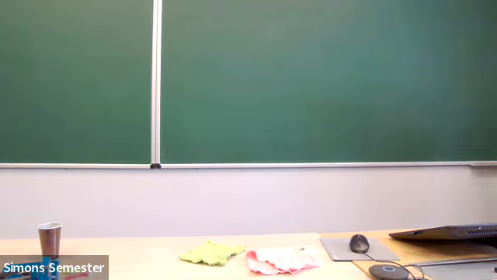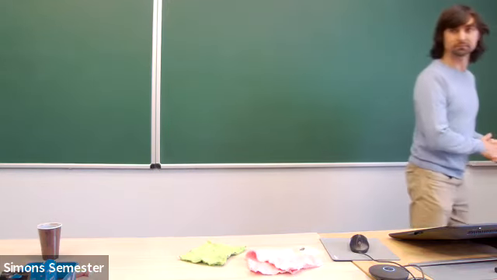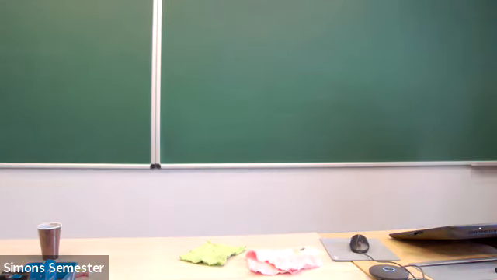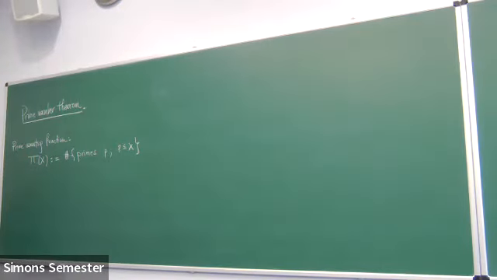So we introduce this prime counting function, capital Phi, defined for some positive x to be the number of primes that are less than or equal to x.